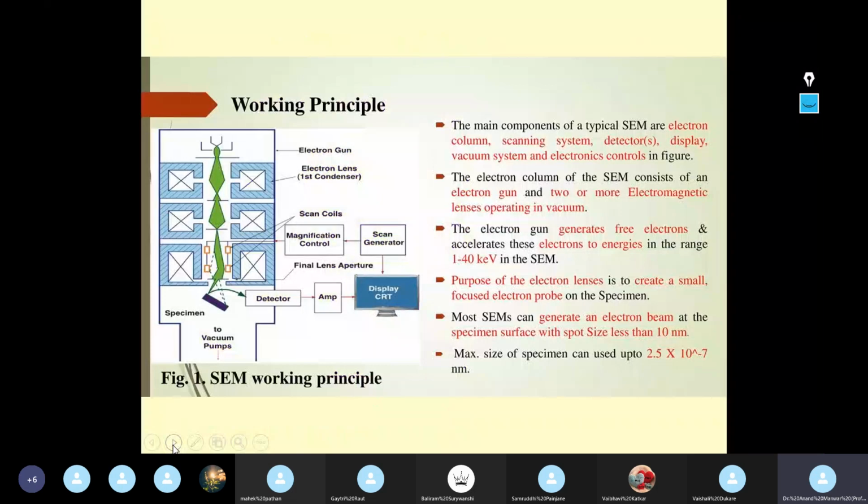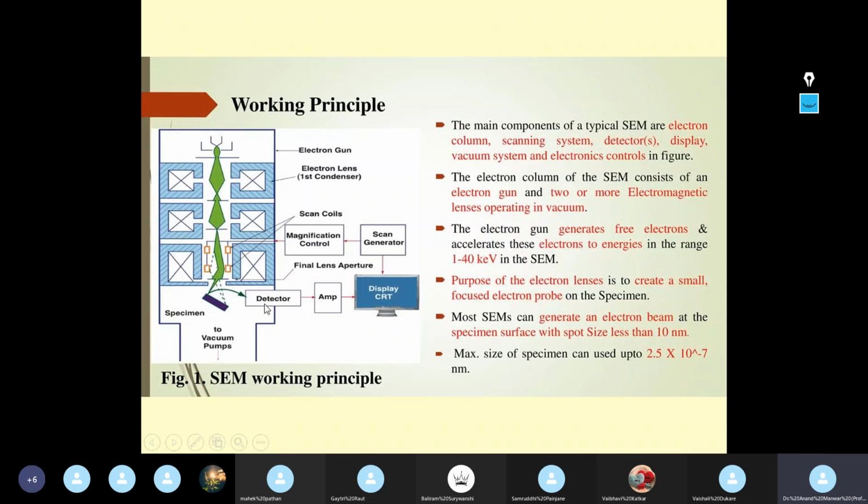This is again the same thing, but in a different manner it is represented. You can see again here the whole thing is to be under vacuum. These are the, you can say, lenses, magnetic lenses. Here the scanning coil is there. After passing through the scanning coil, it falls on the specimen sample.